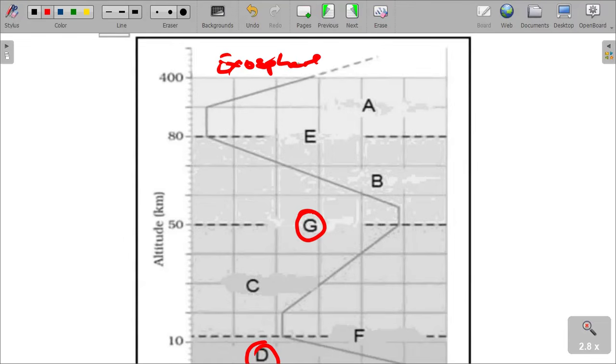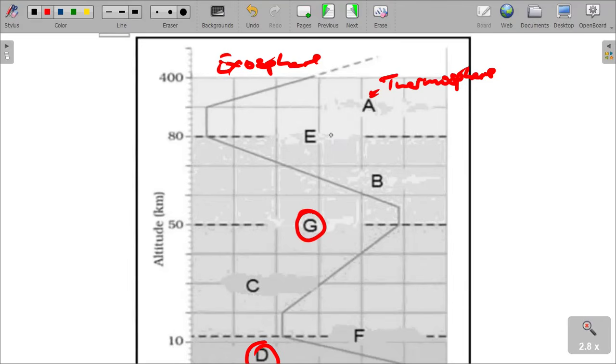And then you must be able to understand and label that as our thermosphere. And then you should also understand what the mesopause is, which is just separating the thermosphere from the mesosphere.